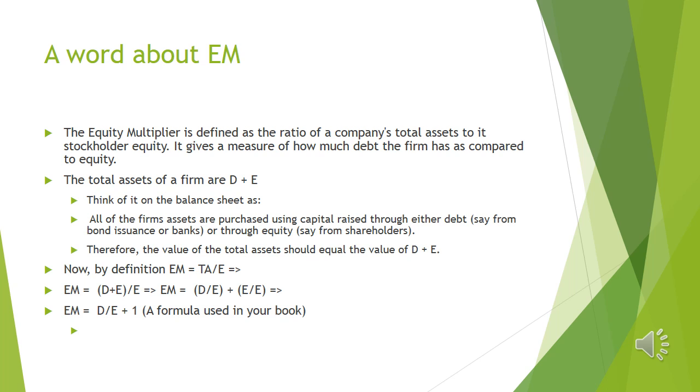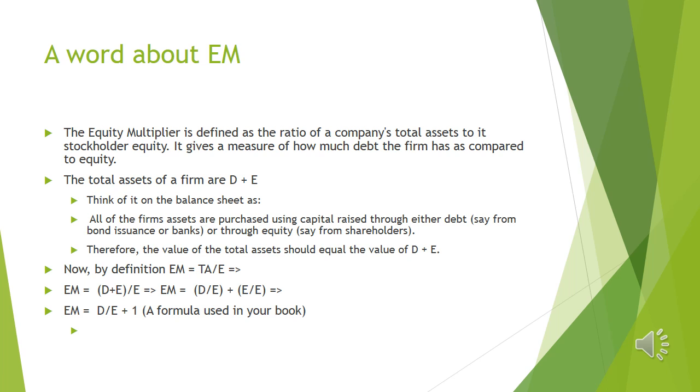All the money that is raised is either through debt or equity. The company takes this money and buys stuff with it, and that stuff is what we call the assets of the firm. So the capital raised through debt and equity should equal the value of the total assets, and the total assets are equal to debt plus equity.